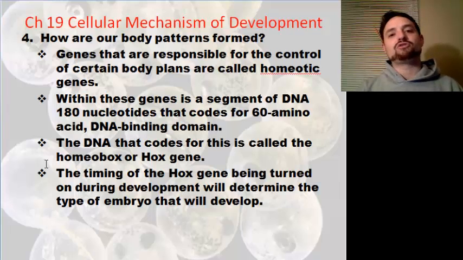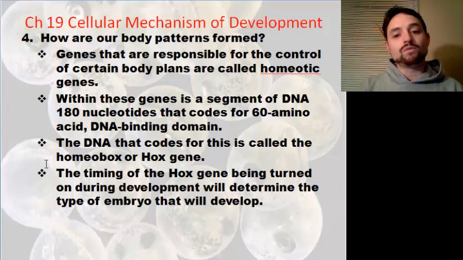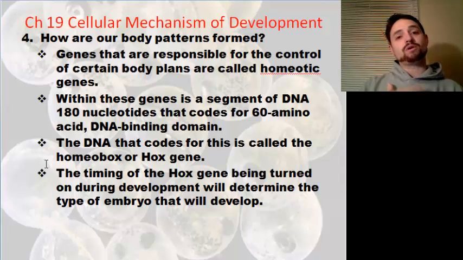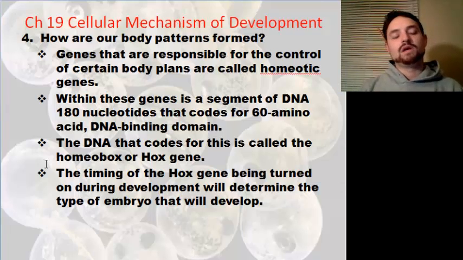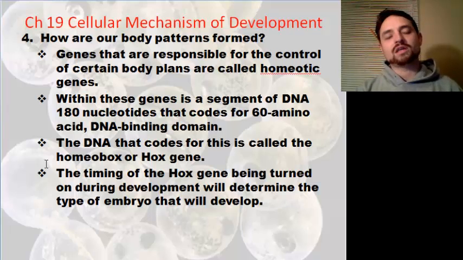So depending on when it is turned on will determine when that structure will develop and what it will develop into. Whether it will be a flipper only partly developed or a whole arm that's very fully developed. So you've got differences there, and that's related to the Hox genes or the homeobox genes.